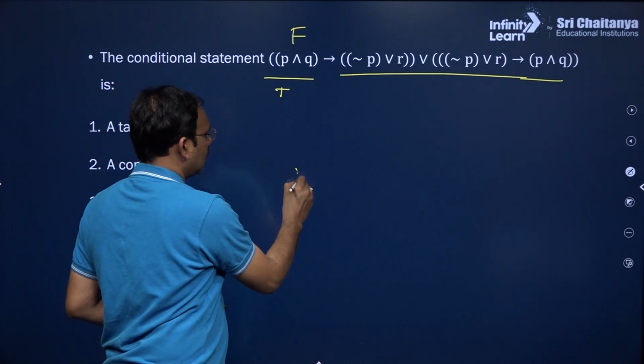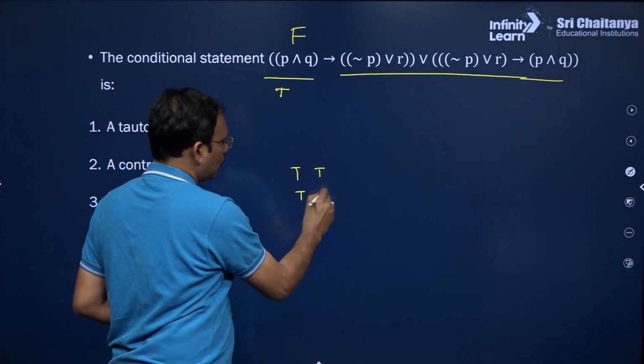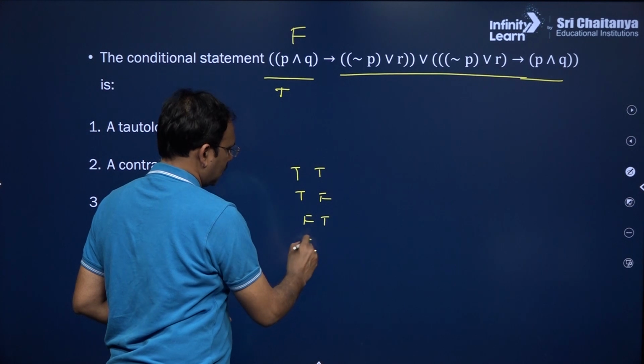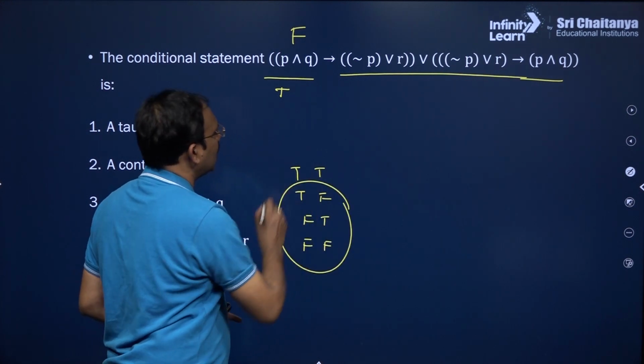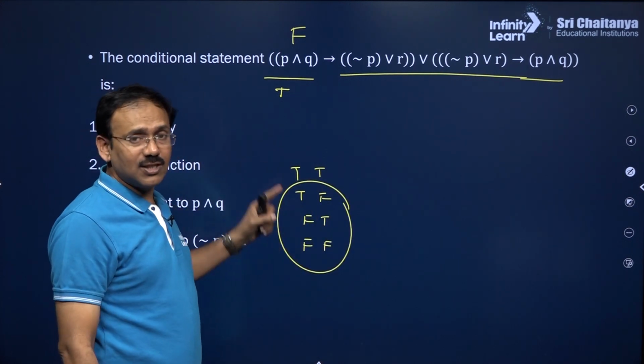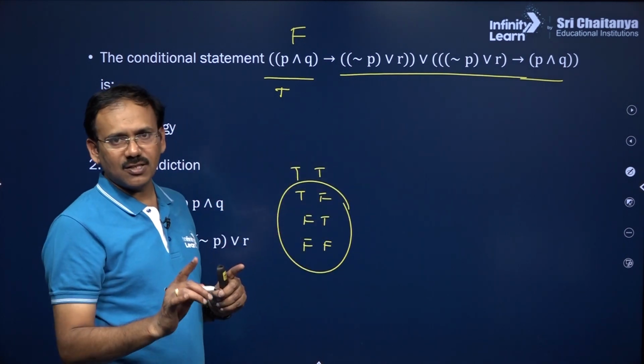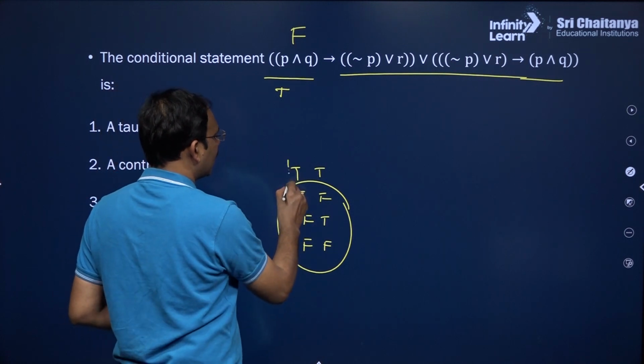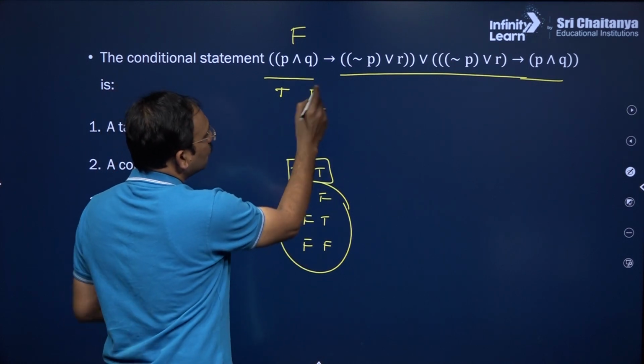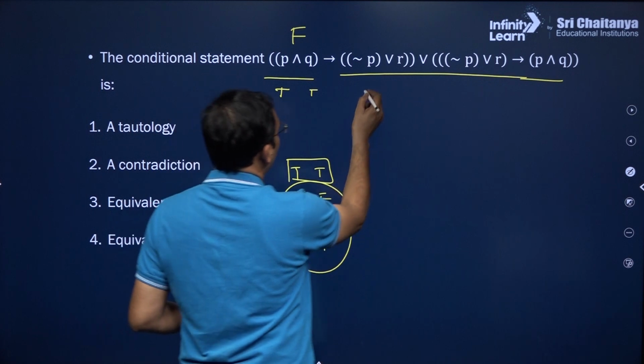So, we have four cases: true, true; true, false; false, true; false, false. In three of these cases, P and Q is false, and false implies any statement is true, so the overall statement is true. The only left out case is true, true. You substitute P true, Q true here. What happens here?